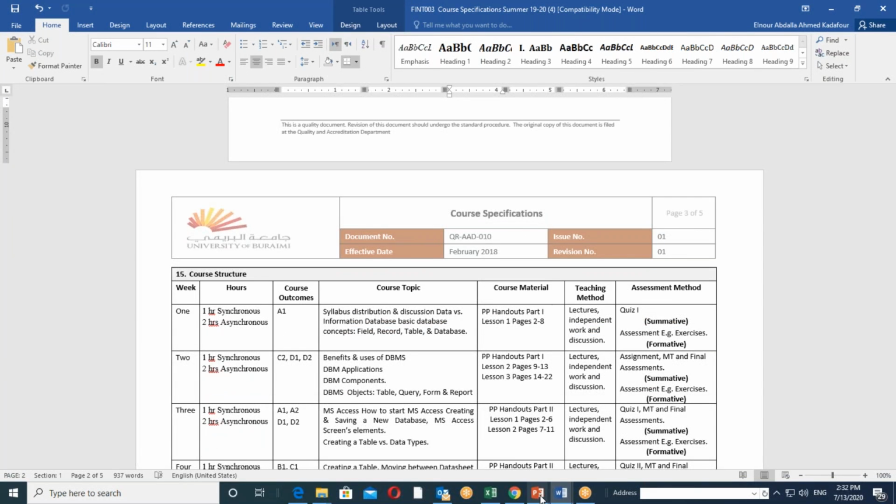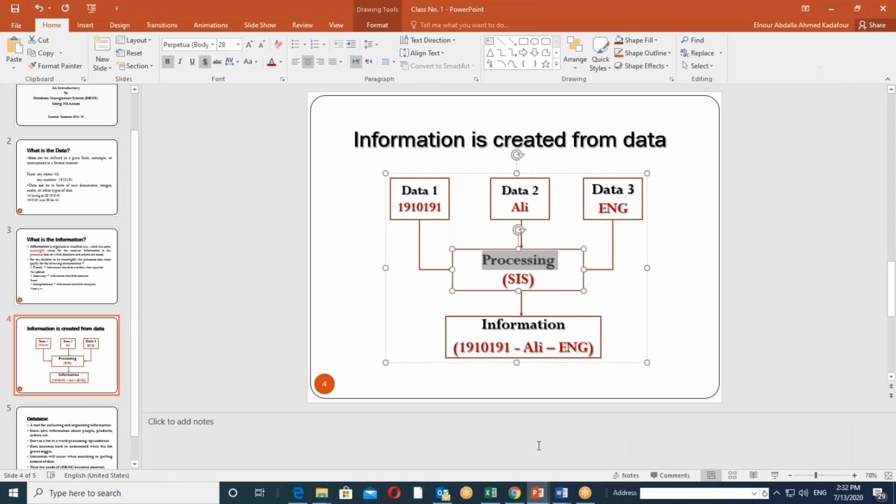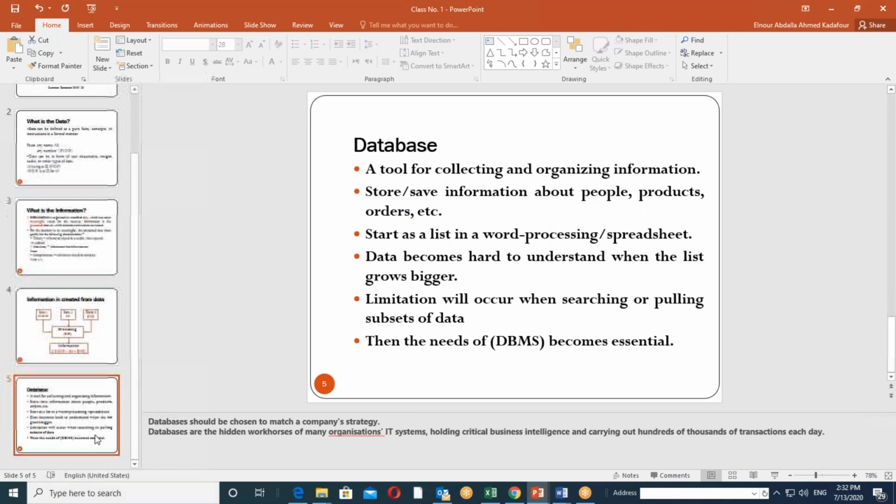Okay. If it is clear, then let us proceed to the last slide. Is it clear? Shall I move to the next? Okay, I will move to the last slide, the database.